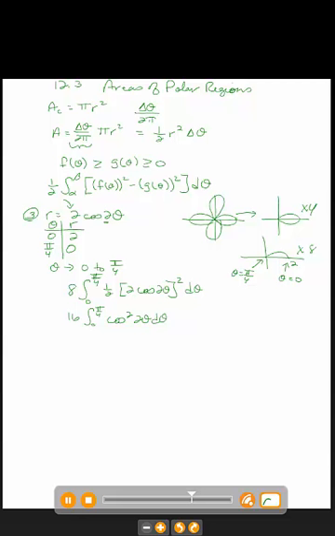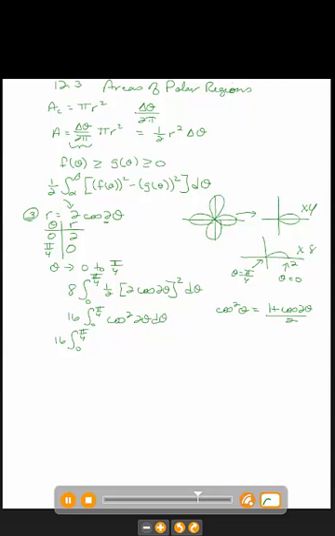And your half angle identity says, it's rearranged, the cosine squared of theta is equal to 1 plus cosine 2 theta over 2. So this is going to turn into 16, 0 to pi over 4.